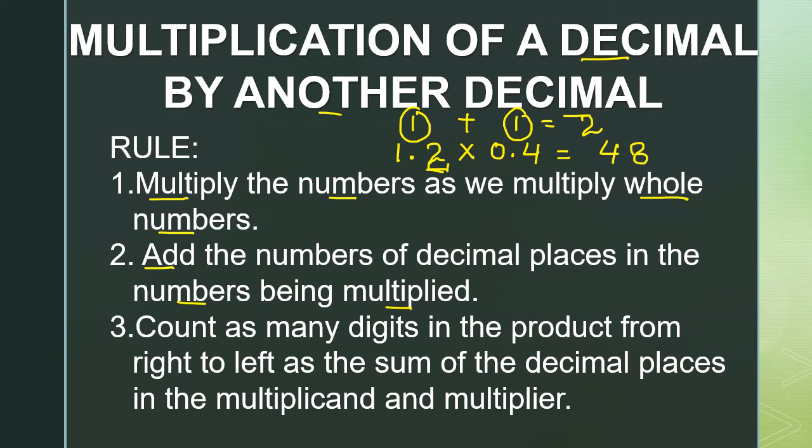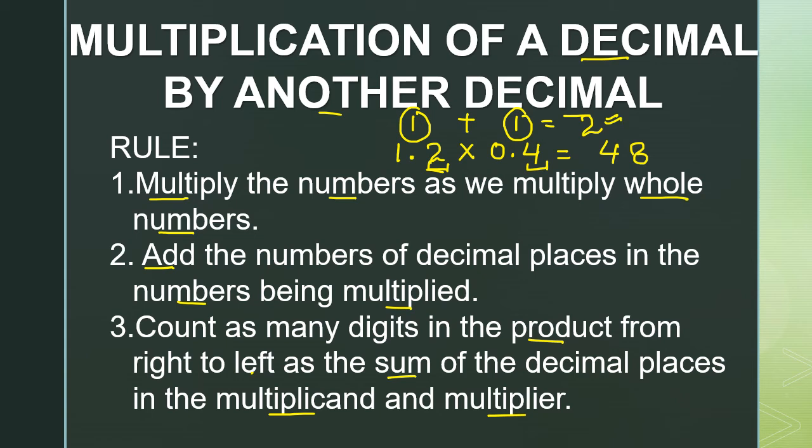So when we add these two places, we will get 2. Count as many digits in the product from right to left as the sum of decimal places in the multiplicand and multiplier. So we got the sum 2.